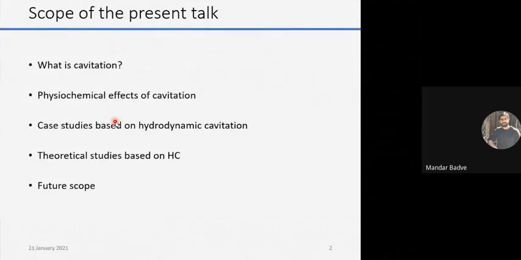We will cover what hydrodynamic cavitation is during the introduction part. Then we'll see some theoretical studies, some CFD simulations, which we carried out to study different cavitational reactors. And then in the end, we'll see some future scope in this area. So this is just a brief outline of my present talk.